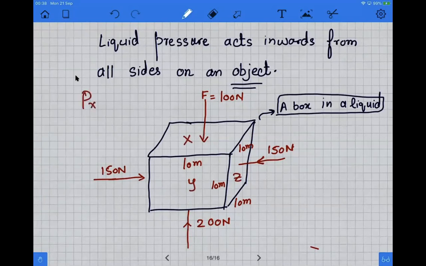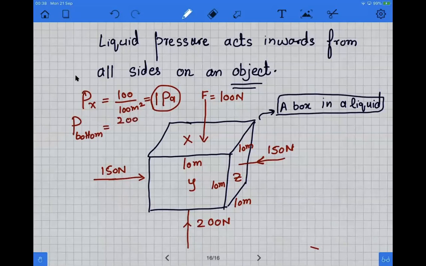Pressure on face X would be 100 over the area, which would be 100 meters square, and it is 1 Pascal, for example. If you calculate the pressure on the bottom face, then it would be 200 Newton over 100 meters square, and it would be 2 Pascal.